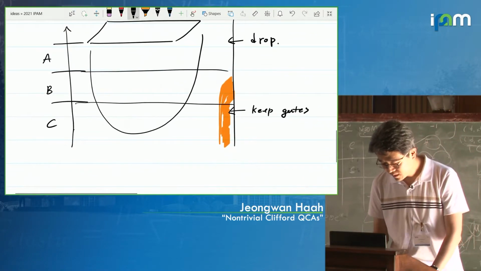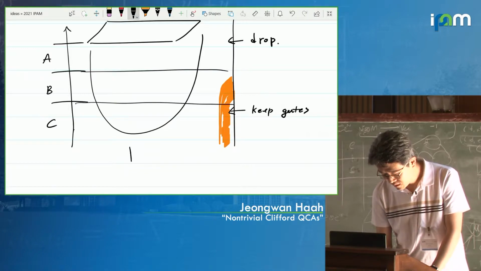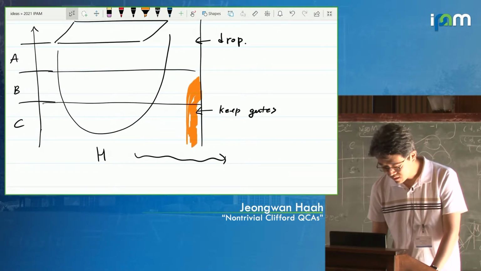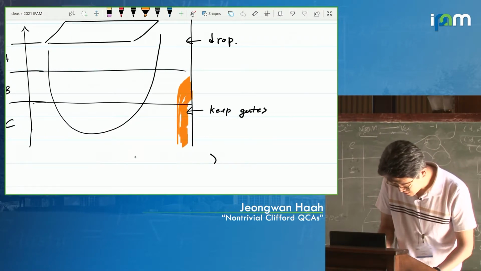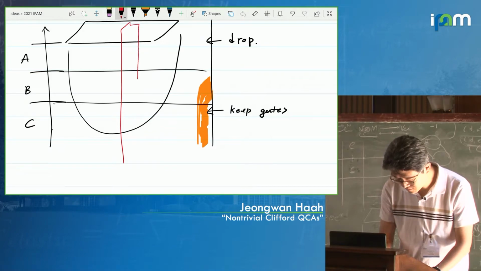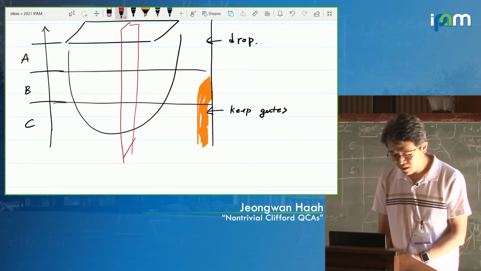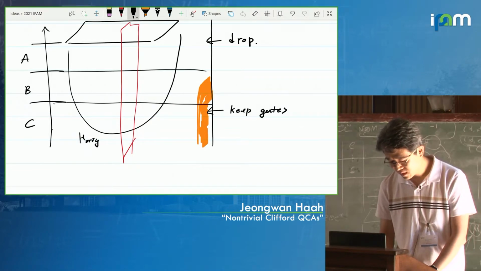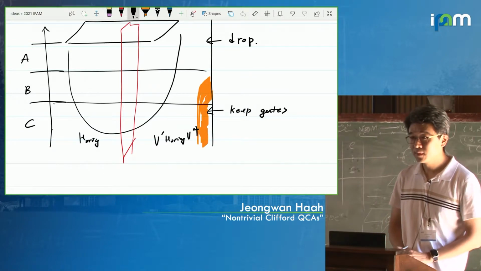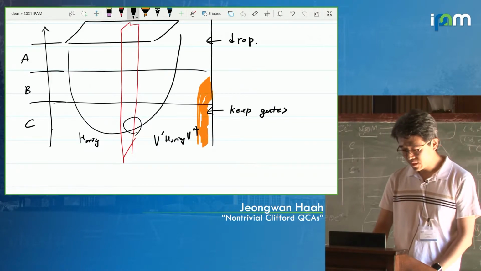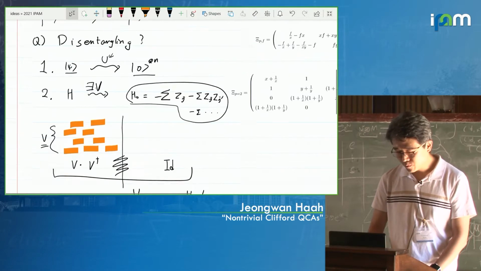So the original Hamiltonian is now passing through my disentangling circuit. Let's do this: I'm going to compare the original Hamiltonian and the conjugated version. What are the terms here? Well, let's remember what we mean by trivial Hamiltonian.